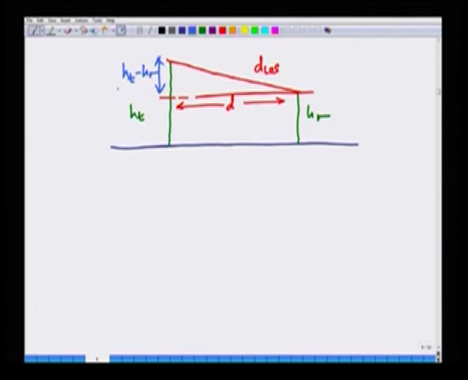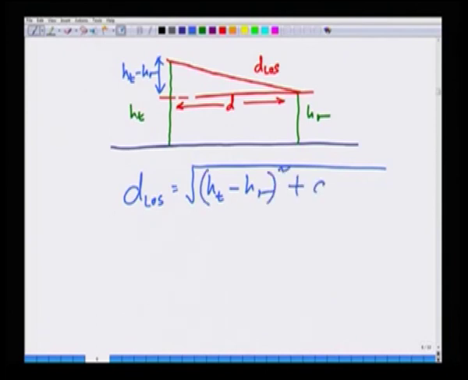This is a right angle triangle with sides ht minus hr and d. Hence, dLOS is nothing but square root of ht minus hr square plus d square.